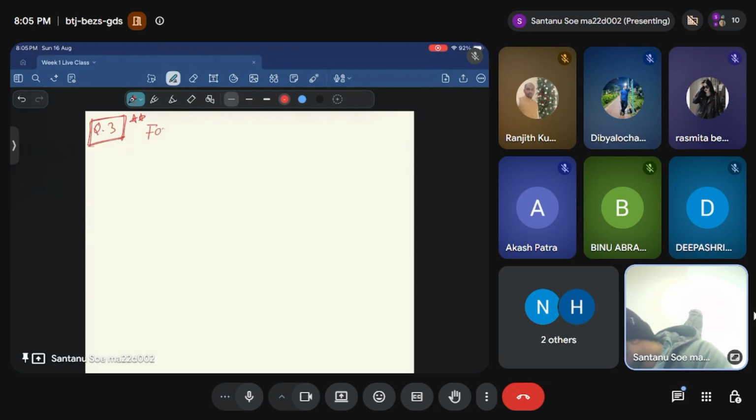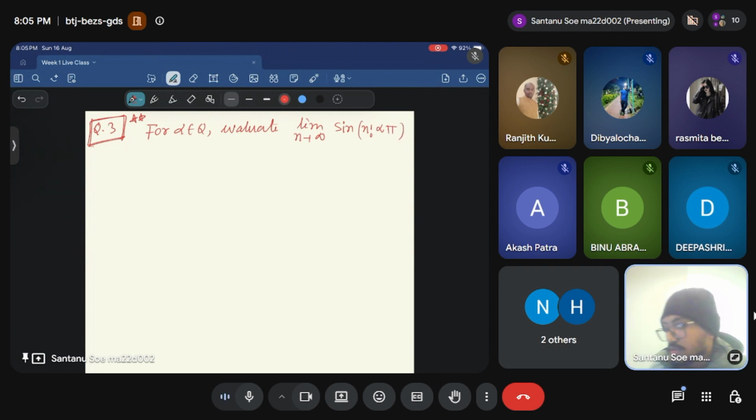So for alpha in Q, evaluate the limit as n tends to infinity of sin of n factorial alpha pi.